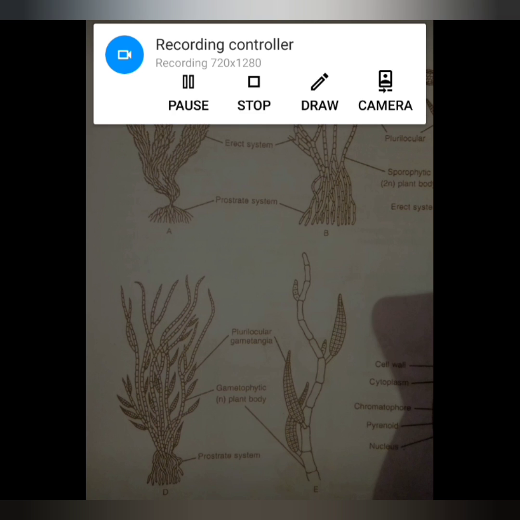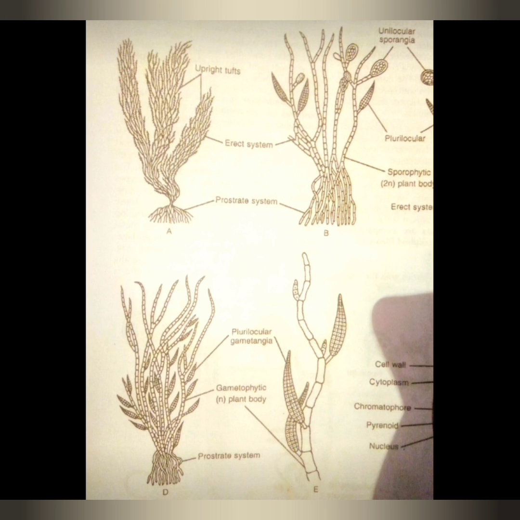Now, the erect system, the upper portion, usually shows intercalary growth. Intercalary means growth within, between these cells.